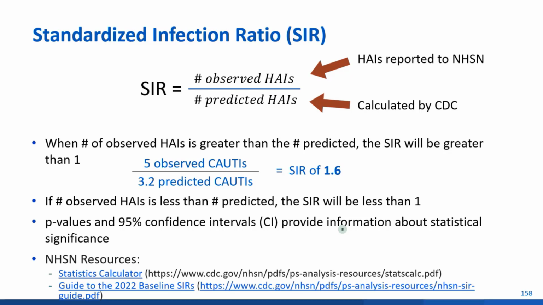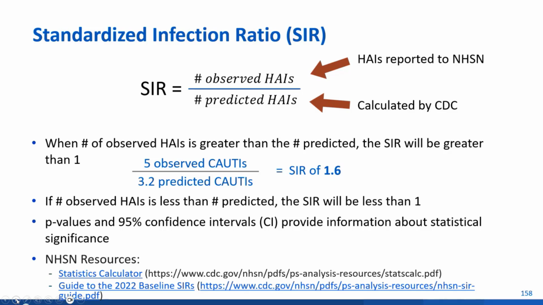If the number of observed HAI events is greater than the predicted number, the SIR will be greater than 1. For example, if your facility reports 5 observed CAUTI events and our model predicts 3.2 events, your SIR would be 1.6.